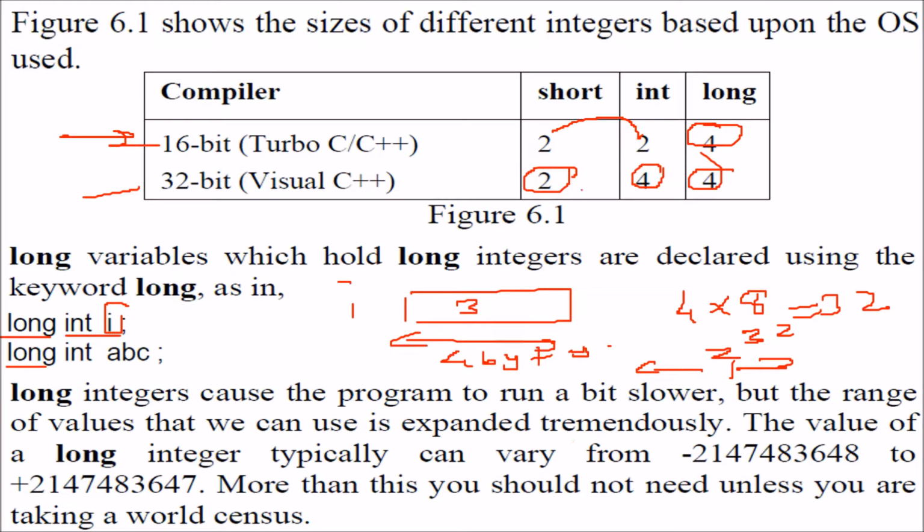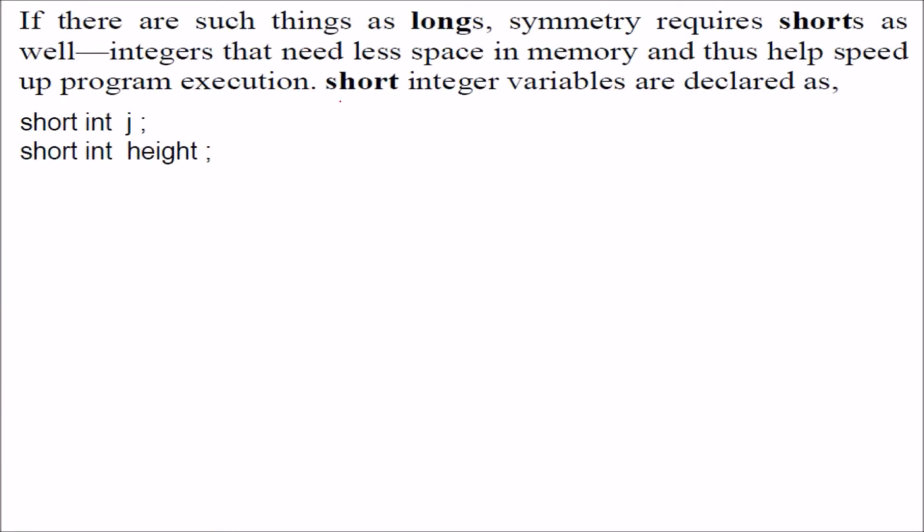This is how it goes. So if there are longs, you should have something shorter than what is required, an integer that needs less space in memory, which is short. This is just to speed up and improve your execution time.